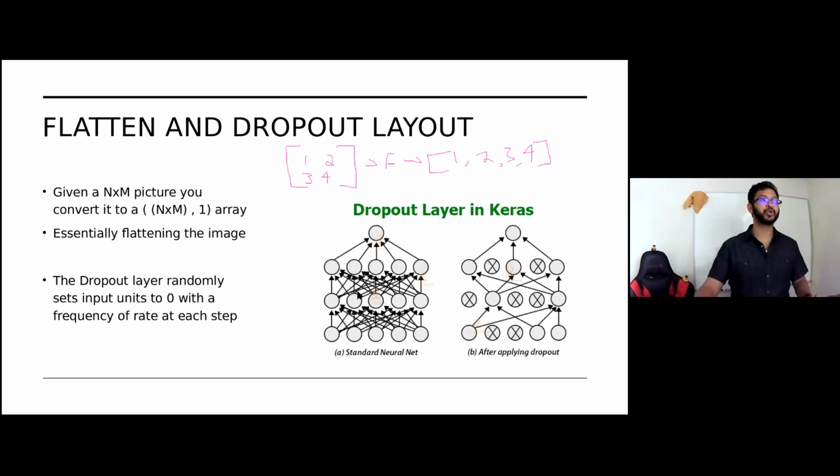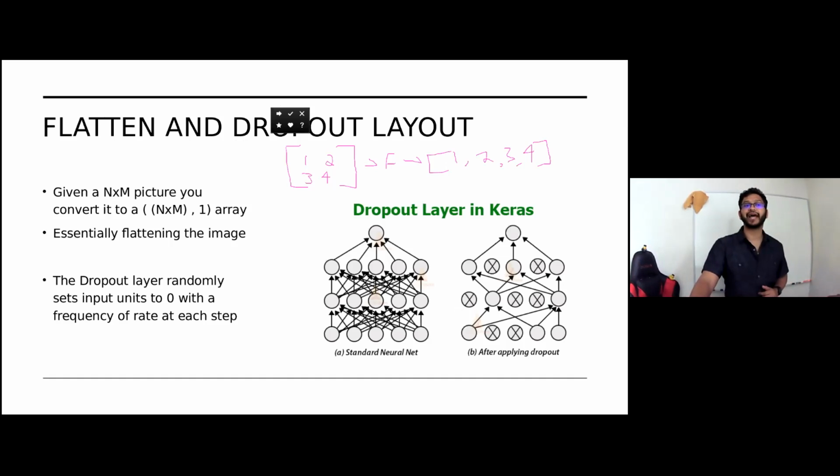The next thing we were doing is dropout. So a dropout layer essentially says, in order to avoid overfitting, we're going to sometimes ignore a couple of neurons. These neurons will be off sometimes, other times they'll be on. That way you can understand the underlying foundation of the knowledge without being too fit on what's going on.